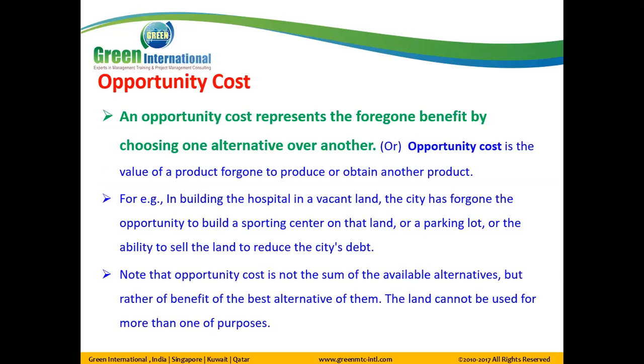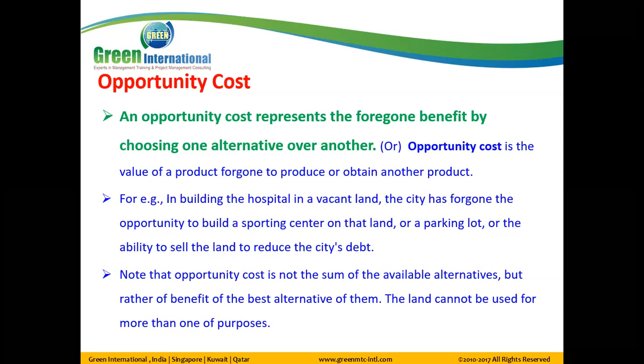What is opportunity cost? Opportunity cost represents the foregone benefit by choosing one alternative over another. That means I have 2 alternatives. Which one to choose? It could be a product, or a project, or a method or equipment within your project. At that time, you have to think about the opportunity cost to see the real worth of that decision. Let's say A and B are 2 alternatives.